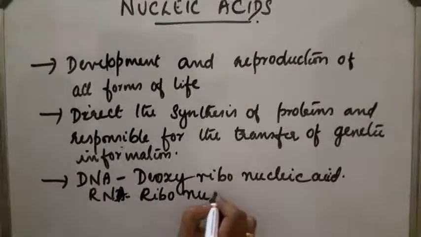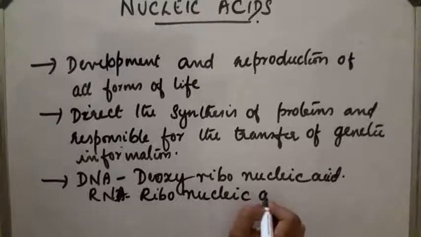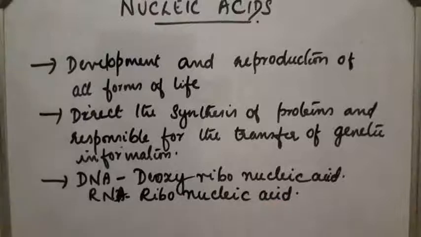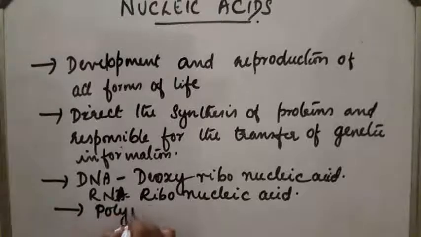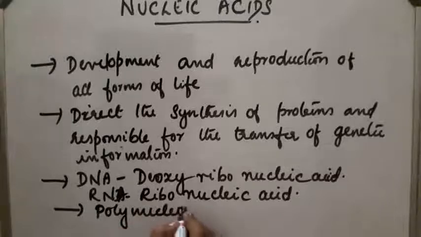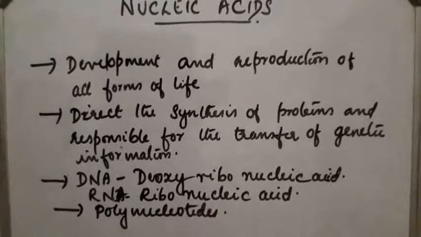These nucleic acids are also called polynucleotides because they contain repeating units. They are polymers of the different repeating units called nucleotides.